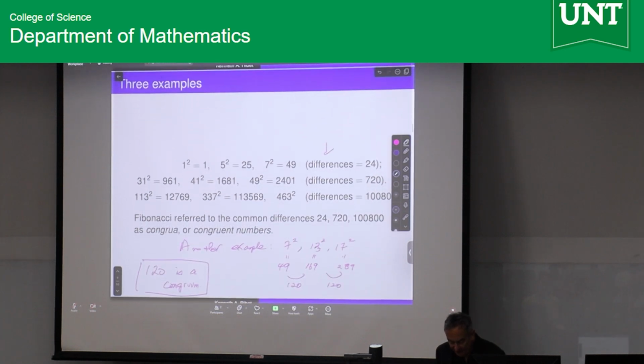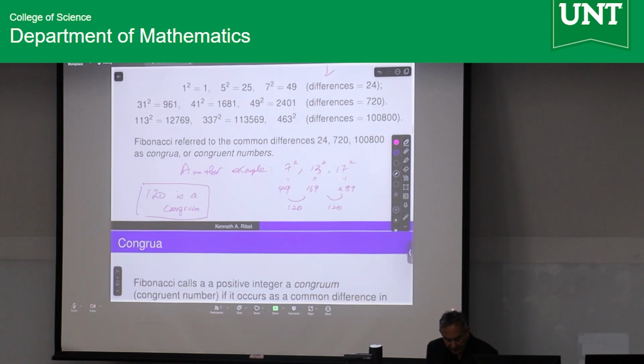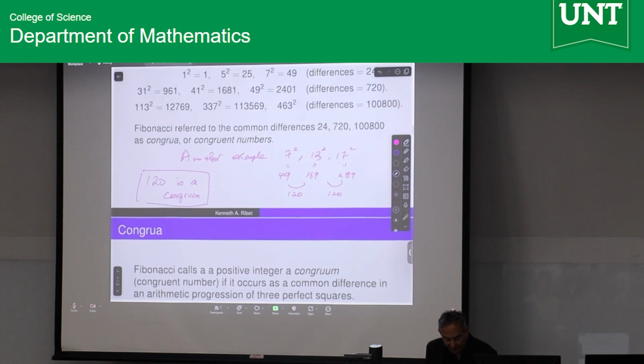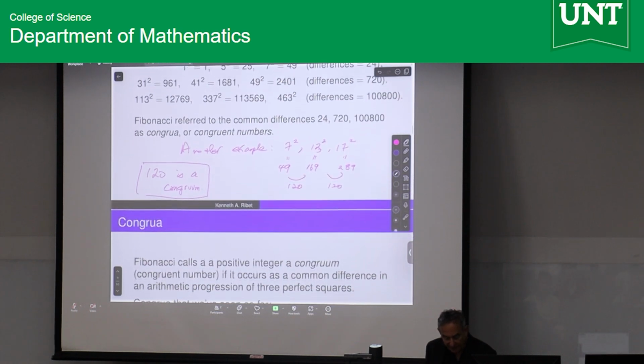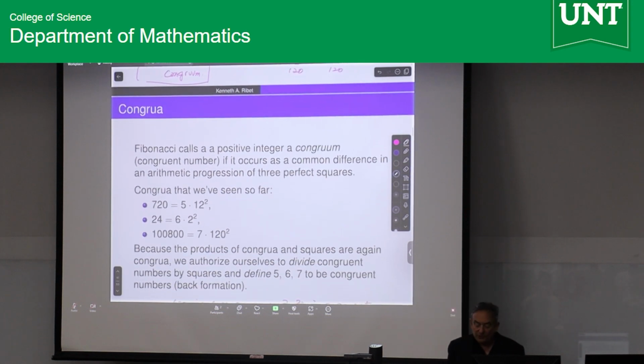And here we have some examples of congrua, which you've already seen, I guess. But the point is that what we're going to do is we're going to take each of these differences, 24, 720, and 100,800, and multiply out the numbers so that you see a square and a square-free factor.